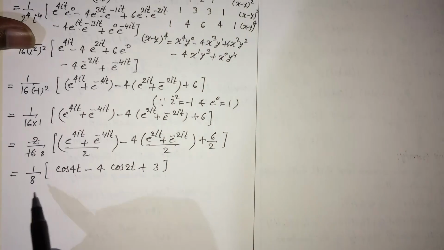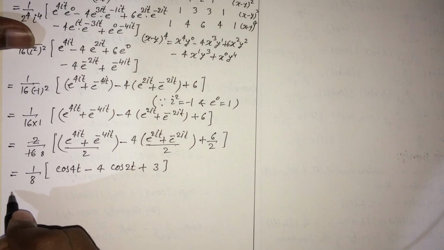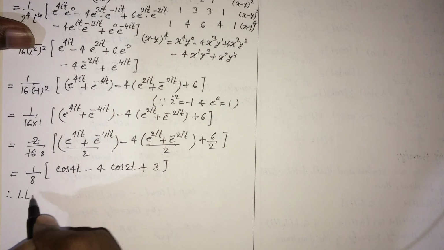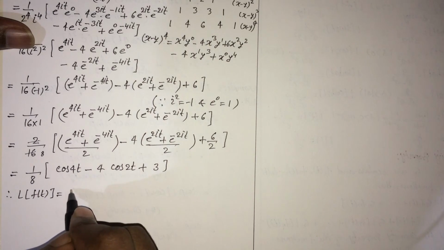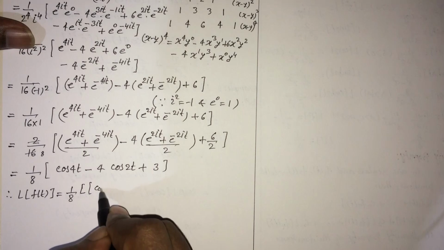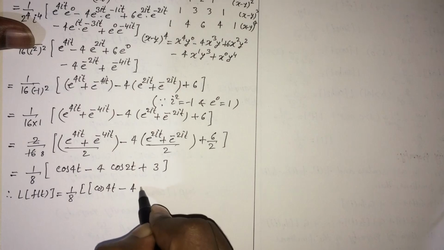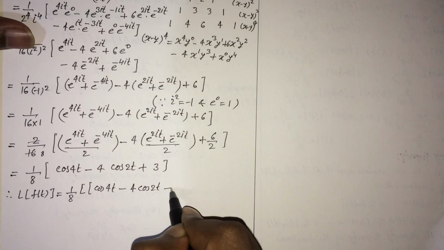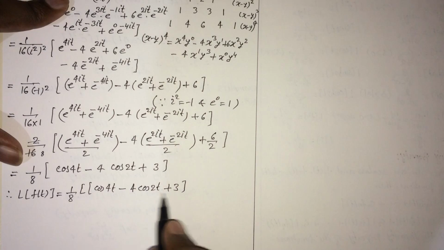Now apply the Laplace transform on both sides. So applying the Laplace transform on both sides, we have the Laplace transform of f(t) equal to 1 upon 8, a constant, taking it outside, 1 by 8 Laplace transform of (cos 4t minus 4 cos 2t plus 3). Now apply the linearity property on the right hand side.